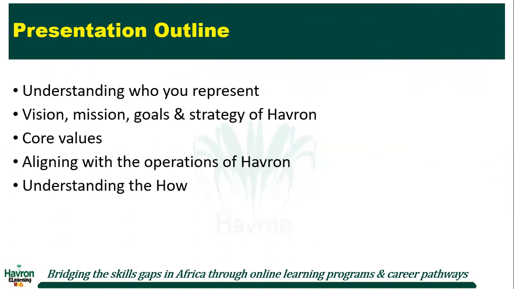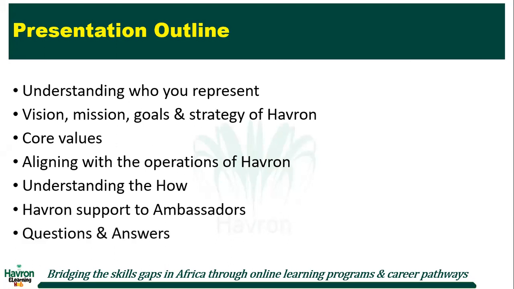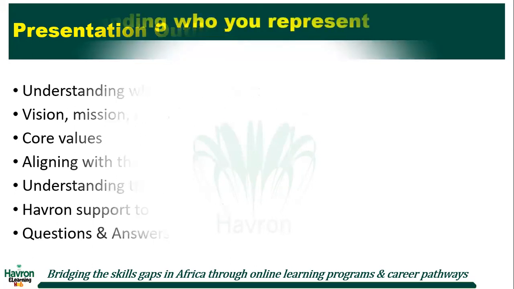Then there is how to do things, how to be successful. Actually, this orientation is a series, and this is how to be a successful ambassador of Havron. And then we'll look at the support that Havron will give to ambassadors to make them succeed. And thereafter, we look at our questions and answers.